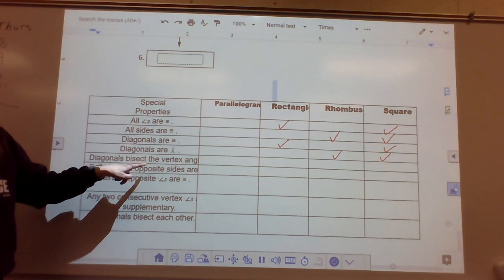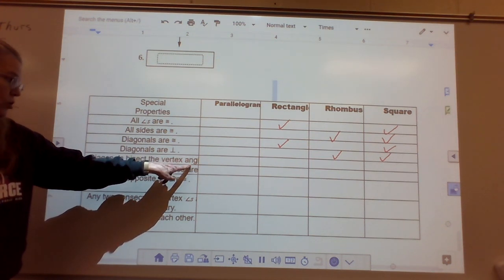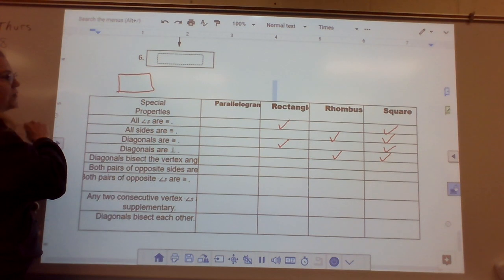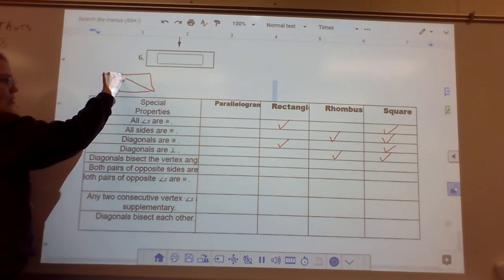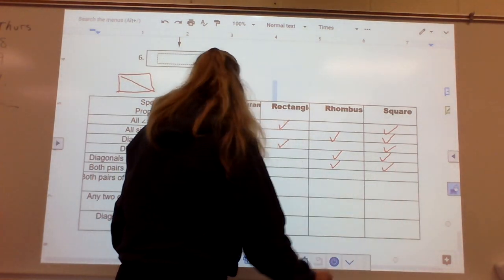Diagonals bisect the vertex angle. So what they mean by that is if I've got the figure, this diagonal is going to cut this in half. So that was true in a rhombus and a square.